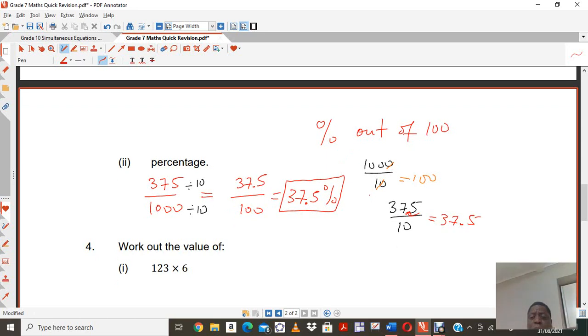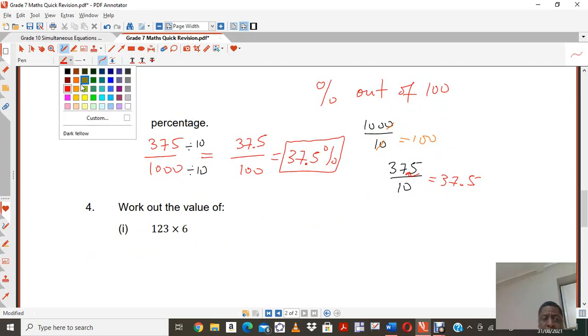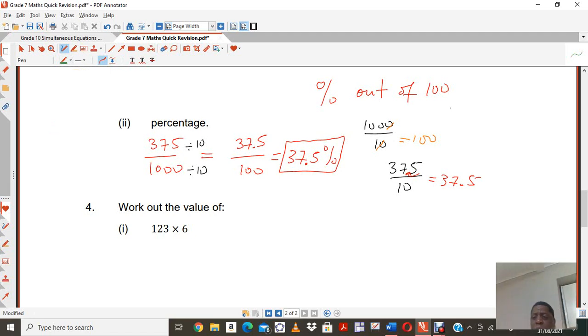Another way that you can go about this problem, and I don't want to confuse you here, is to say, wait a minute, is it not better to take 375 over 1,000 and then multiply, because you are changing it to a percent, and when you change something to a percent, just multiply it with 100 and then attach the percentage notation.